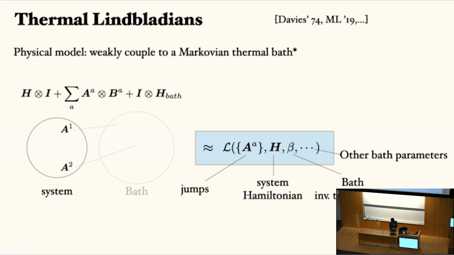He shows that under suitable conditions, you can approximate this whole complicated joint system by a Lindbladian that depends only on the jumps, the system Hamiltonian, the temperature, and a few other bath parameters. So you can just study this, a continuous time Markov chain, and you can start proving all the things about it.